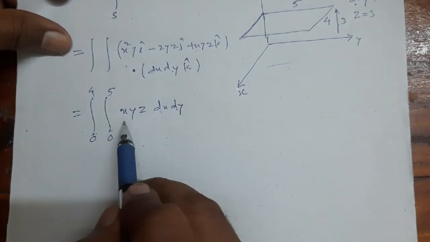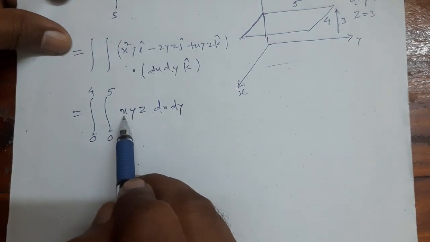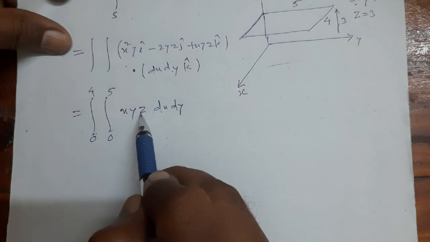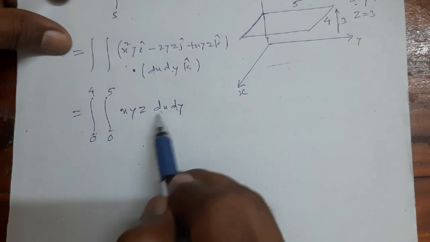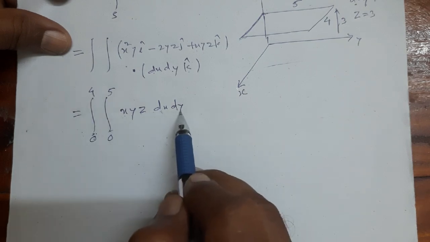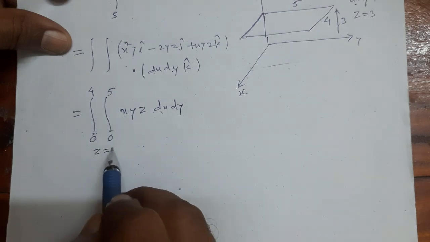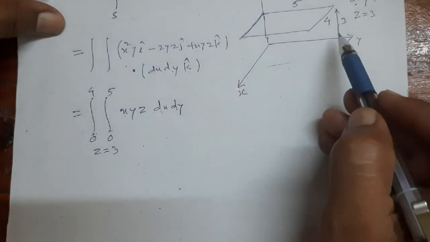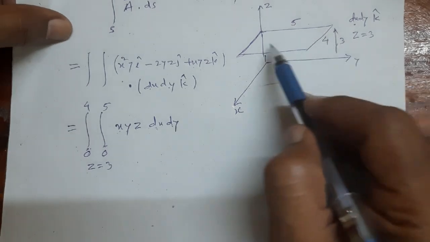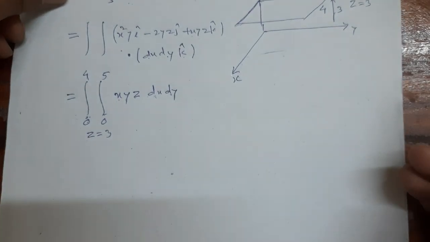Means it is integration of xyz over x from 0 to 4 and over y from 0 to 5, and keeping z constant and equal to 3 because our surface is at z equal to 3. Okay, fine.